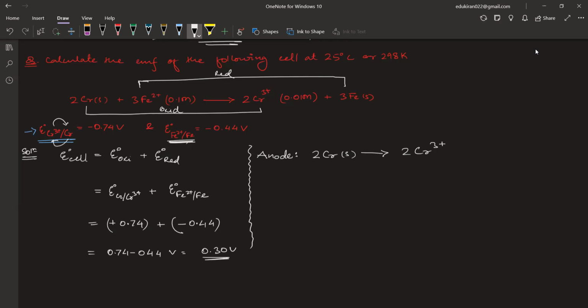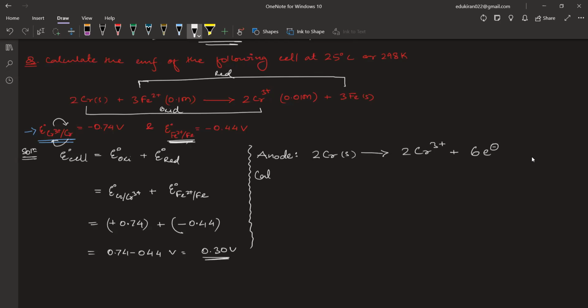That means if I have one chromium, then it is going to give me 3 positive charge. So for each chromium, I have to remove how many electrons? 3 electrons, right? And we have how many chromiums? 2. That means in total, how many electrons will be removed? 6 electrons, right? Like this.